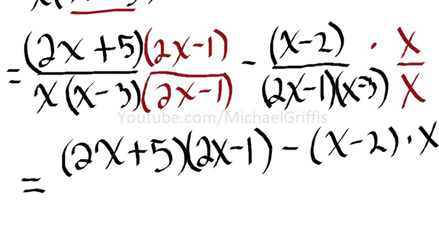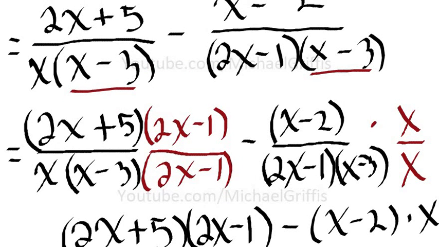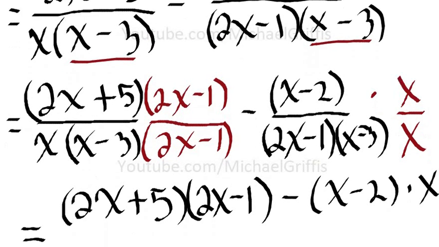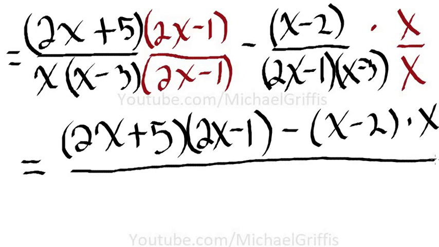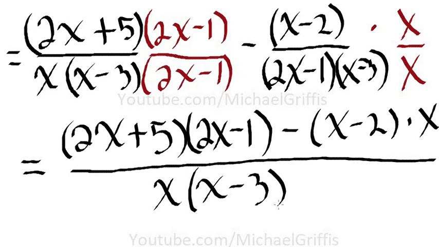I need to see something here. Yeah, the x minus 3. Okay, and that is all over x times x minus 3 times 2x minus 1. Okay.